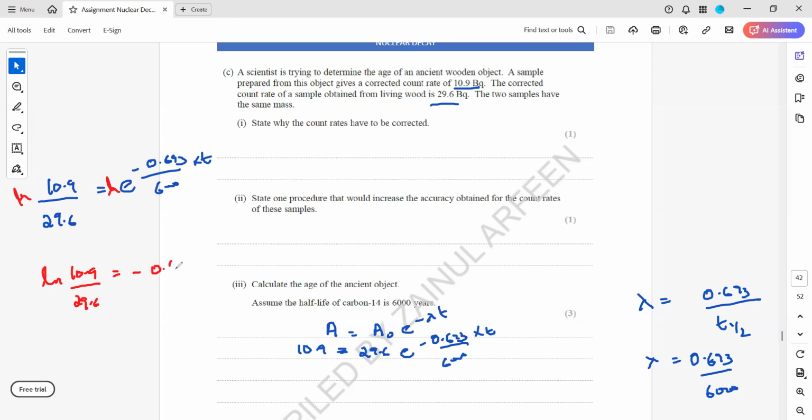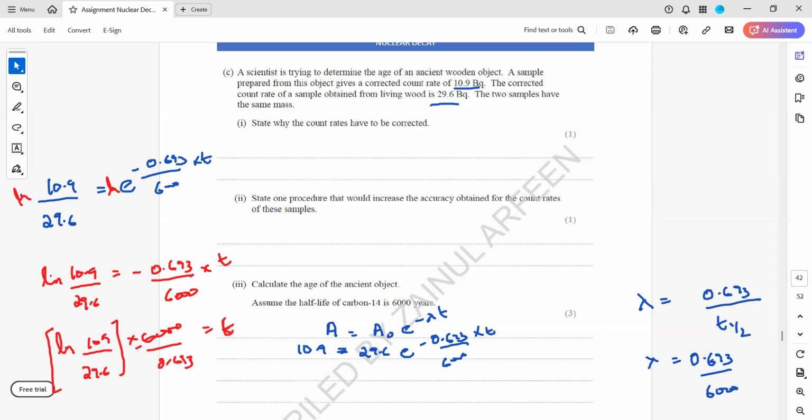It will be minus 0.693 over 6,000 times t. Now this value is negative, so the negatives cancel, and the final answer is ln of 10.9 divided by 29.6, times 6,000, divided by 0.693. That will give us the value for t.